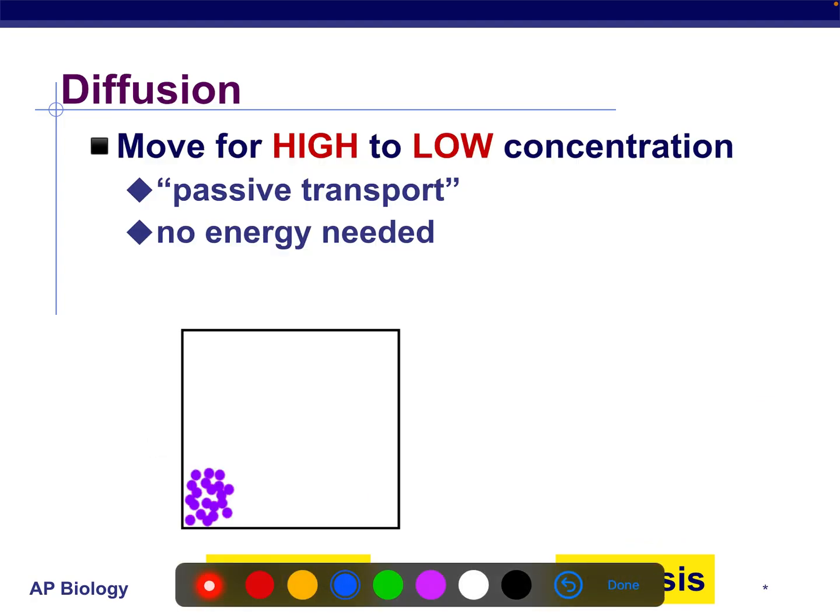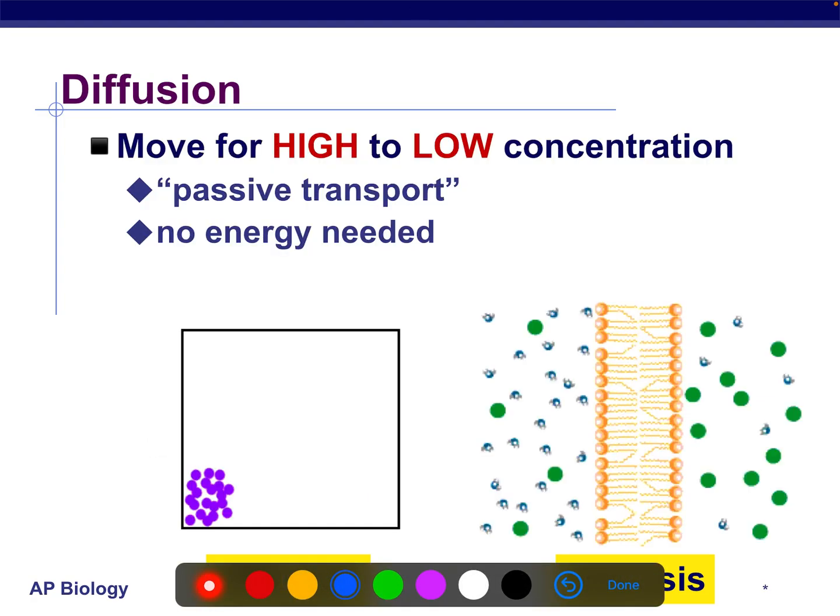We call this passive transport. In passive transport, there is no energy needed. This is something that molecules are just going to do on their own. Remember, diffusion is moving molecules from high to low concentration. So if we have these purple molecules, they're going to want to move out in this box to where the low concentration is.